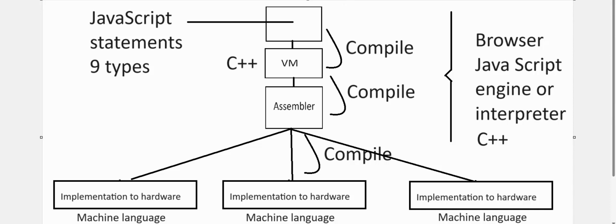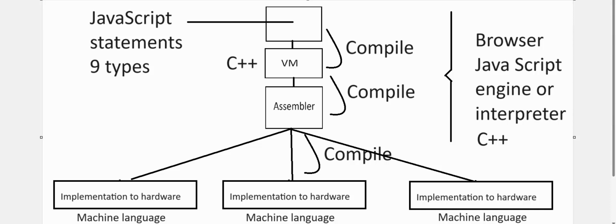That compile process is done by the JavaScript engine. The JavaScript engine is also an application in C++. It means that it is a self-contained application inside the browser.